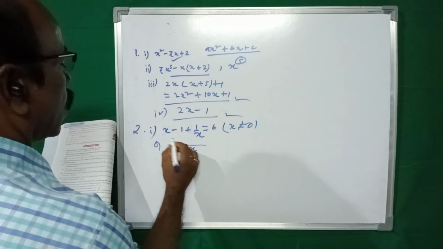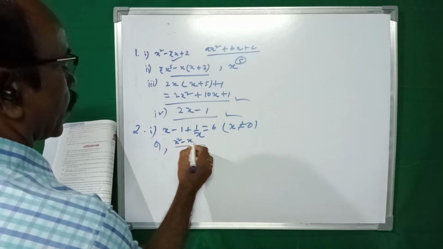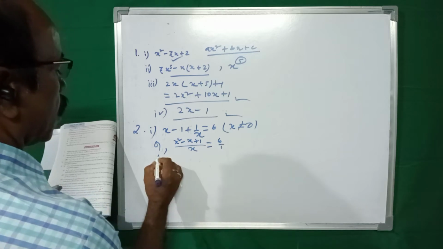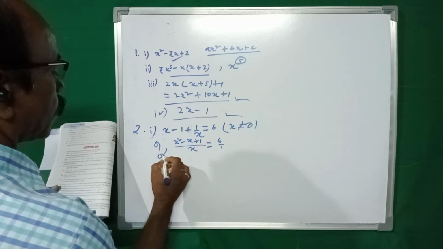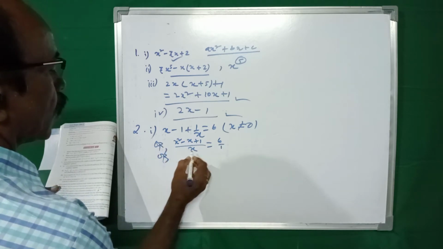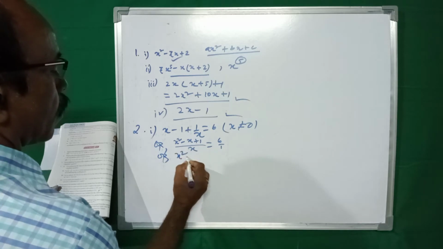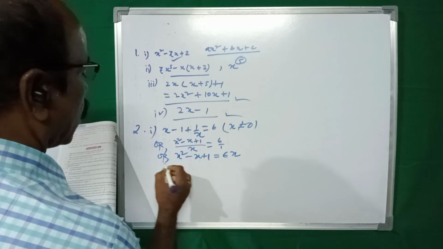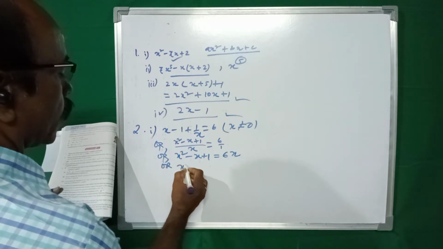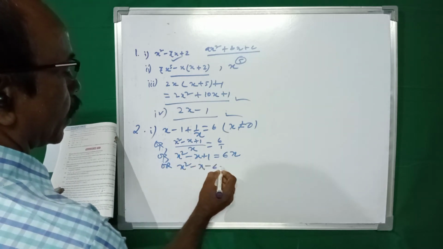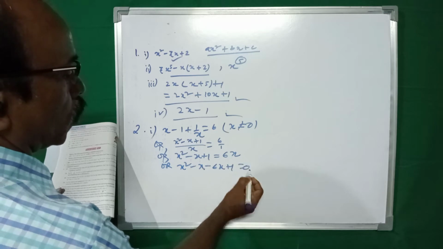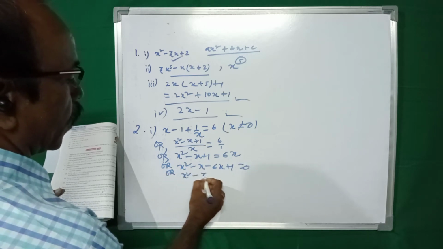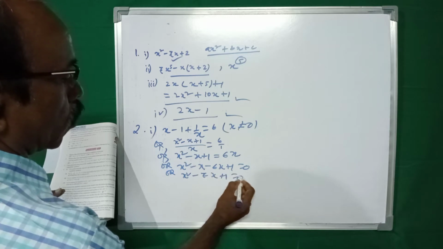Now x square minus x plus 1 is equal to 6, that is 6 by 1. x square minus x plus 1 is equal to 6x, or x square minus x minus 6x plus 1 is equal to 0. Now x square minus 7x plus 1 is equal to 0.